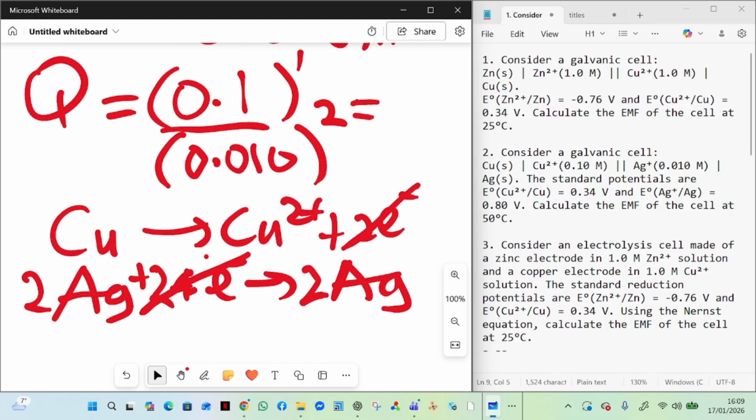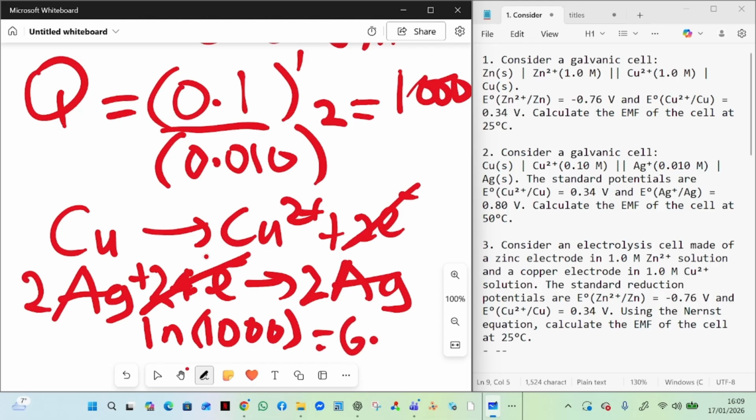This gives us 1000, and then the ln of 1000 gives us 6.909.